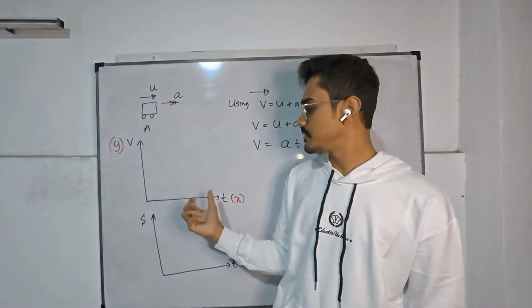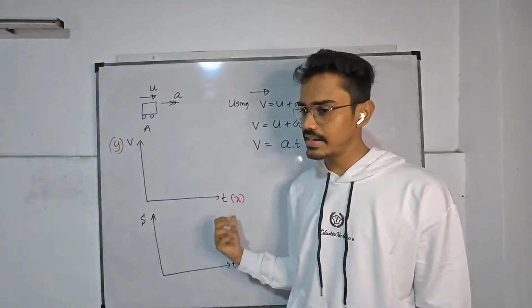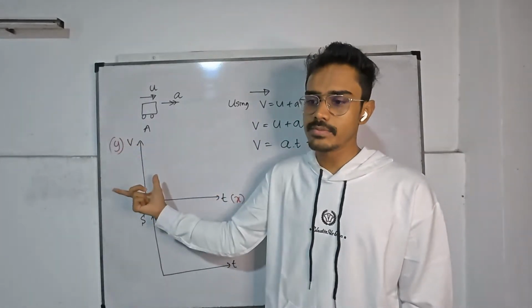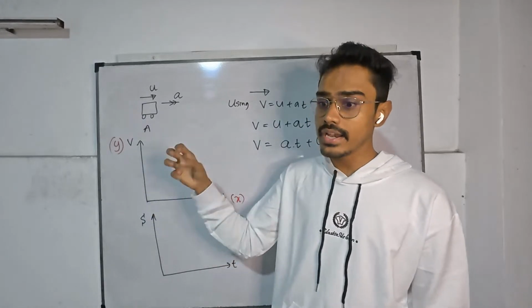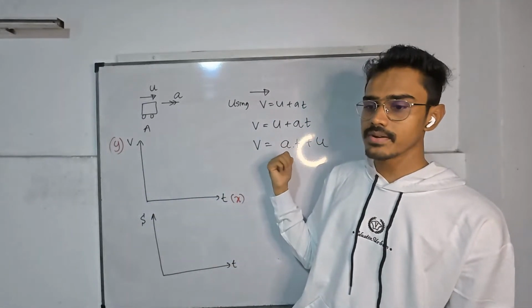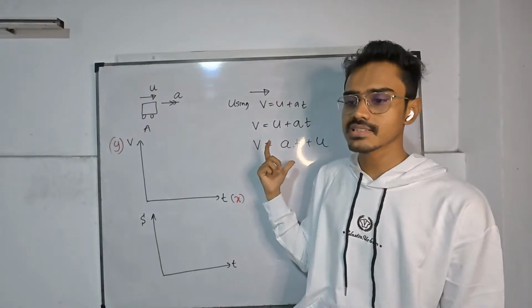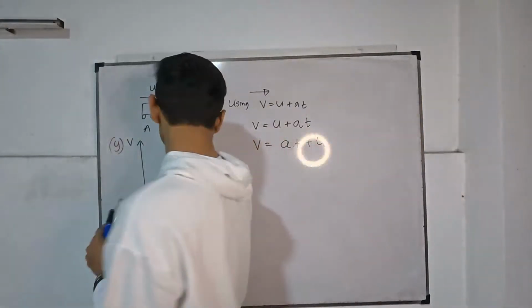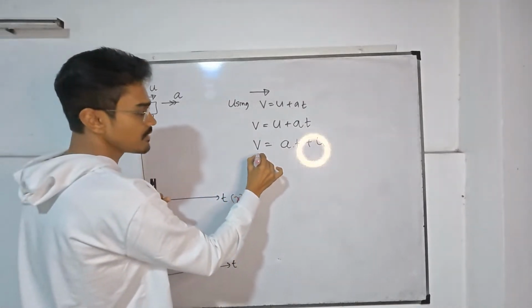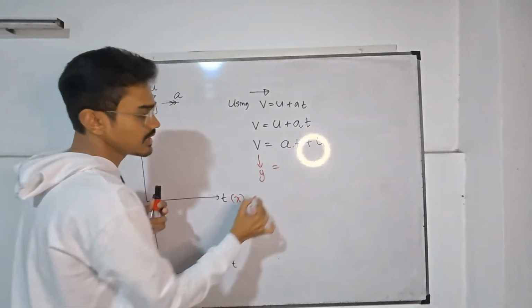In maths, we call x and y the independent variable and dependent variable. X is the independent variable, y is the dependent variable. So we need to identify the x and y variables from this relationship. V is y.